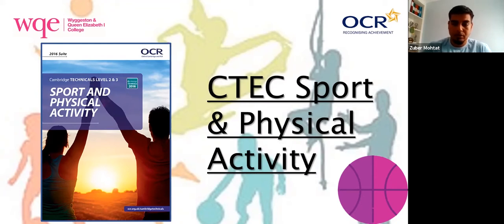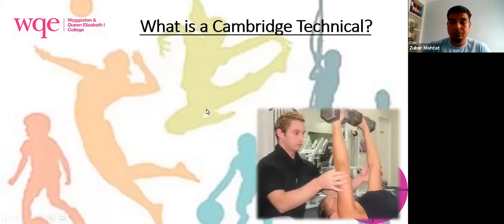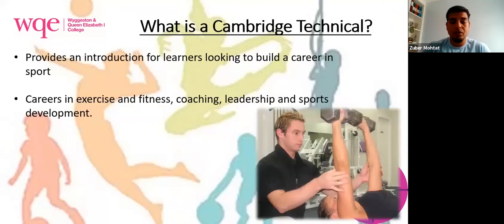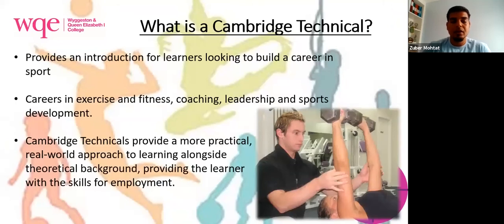Okay. So the awarding body for the level 2 is OCR Cambridge Tech. And it's a really good course. It's a vocational course. It's a combination of both theory and also practical. So your lessons will constitute theory lessons and also practical lessons as well.